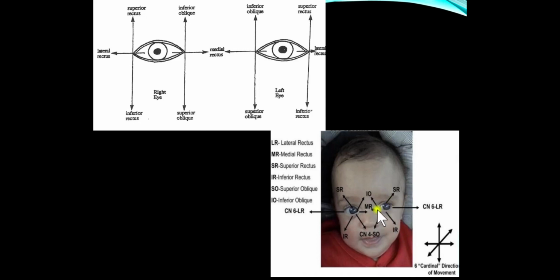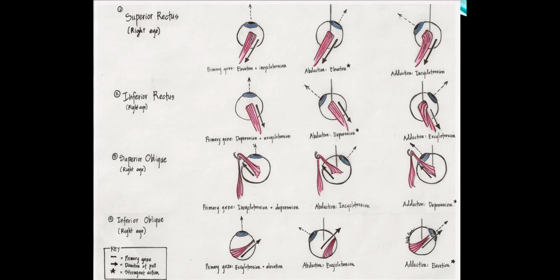Okay, when the eye is in the adducted position, the inferior oblique has its strongest action to pull the eye up. And when the eye is in the adducted position, the superior oblique has its strongest action to pull the eye down and towards the nose. Okay, that's the big picture.